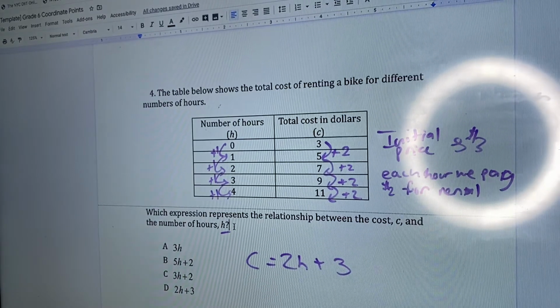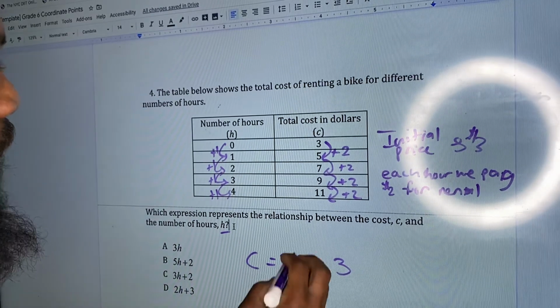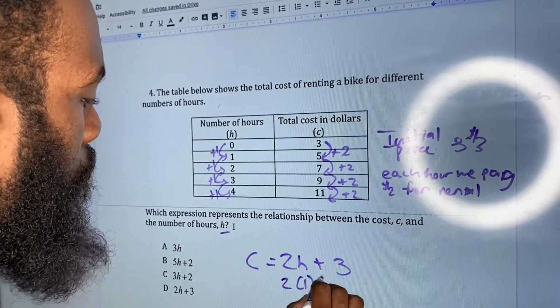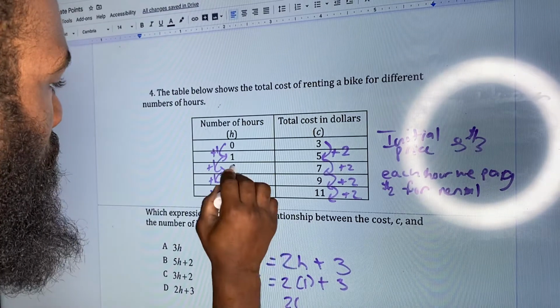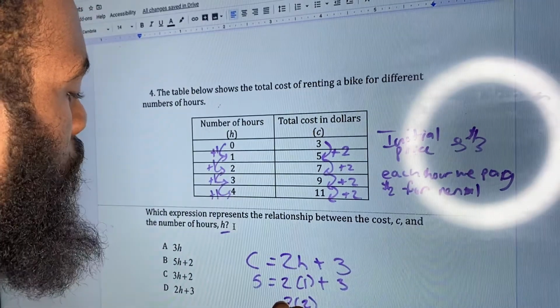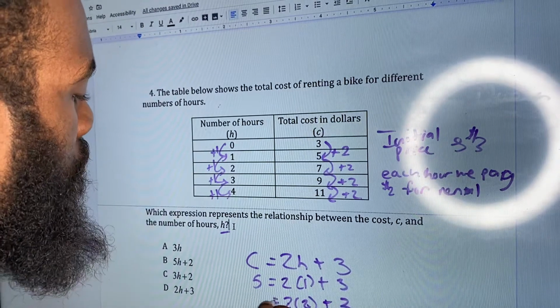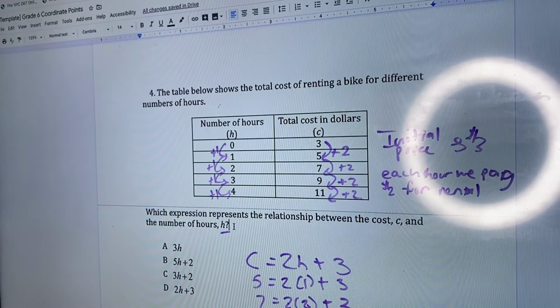I don't think it'll be too hard to find out the price. So for 1 hour, 2 times 1 hour plus 3 gives you 5. Boom. 2 times 2 hours plus the initial fee of $3 gives you 7. Boom. So forth and so on.